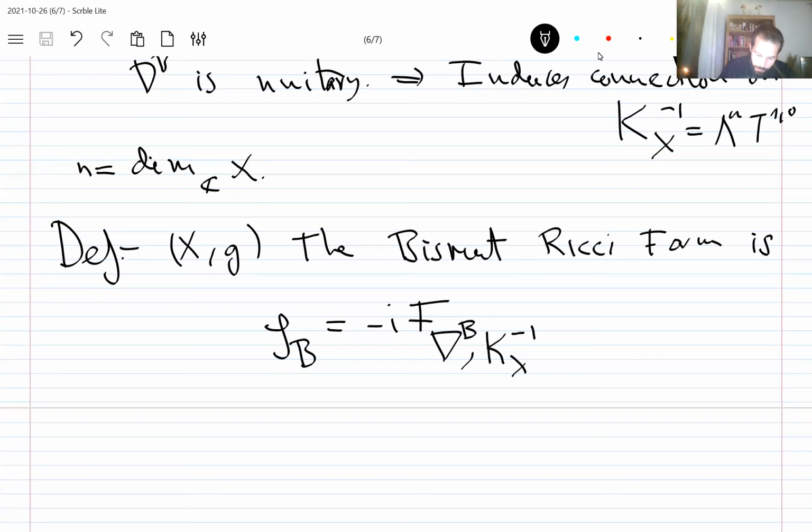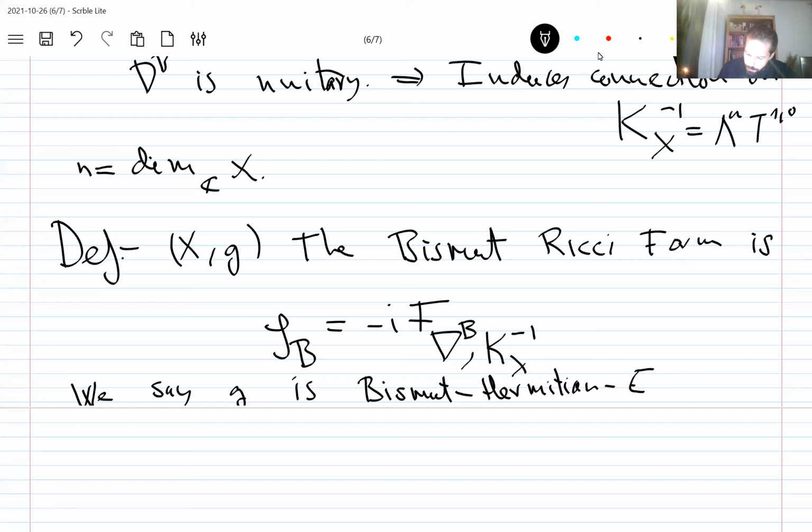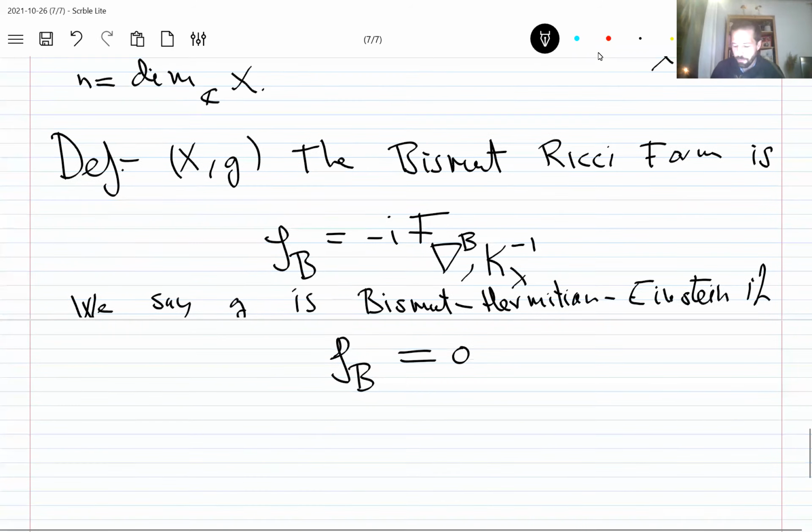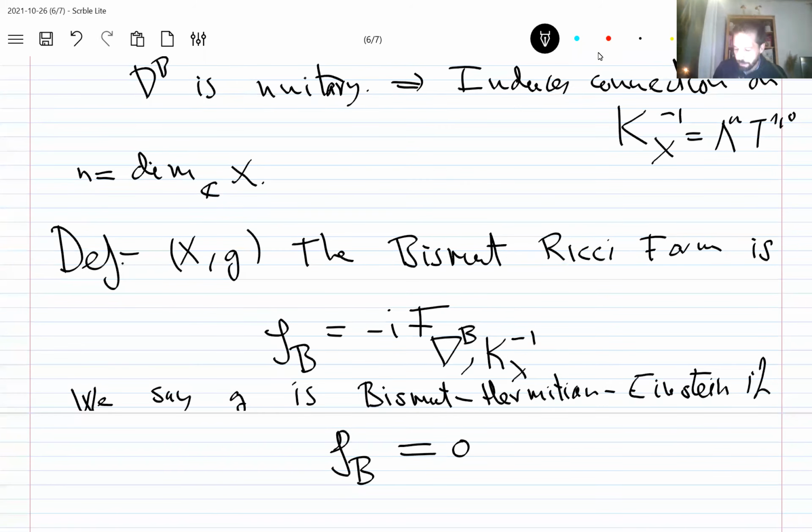So we say that g is Bismut Hermitian Einstein if rho^B equals 0. Okay, and this name of Bismut Hermitian Einstein will be hopefully clear through my talk.